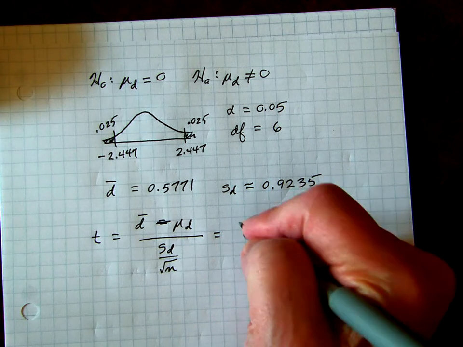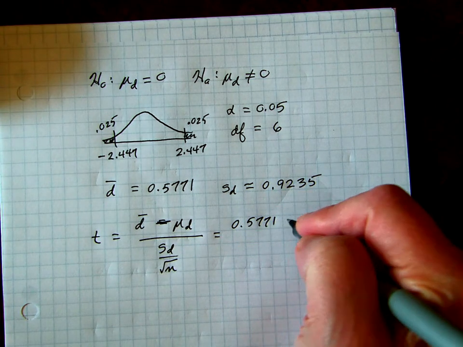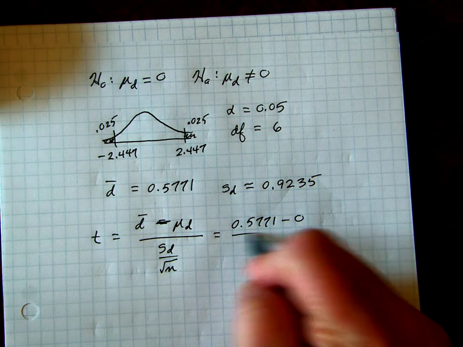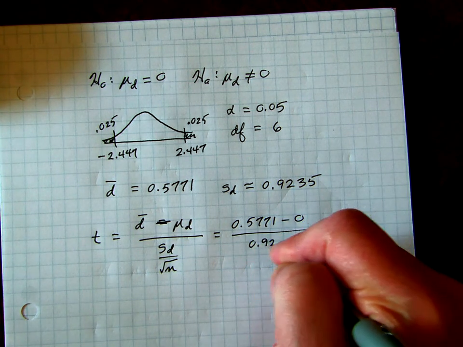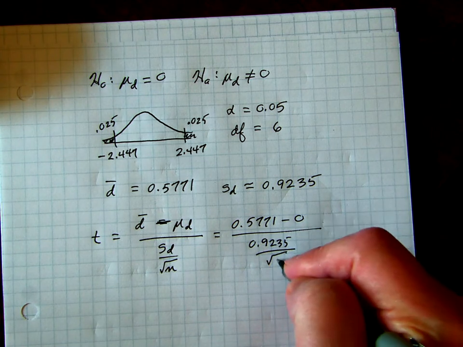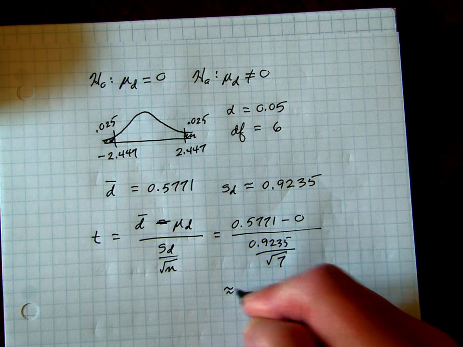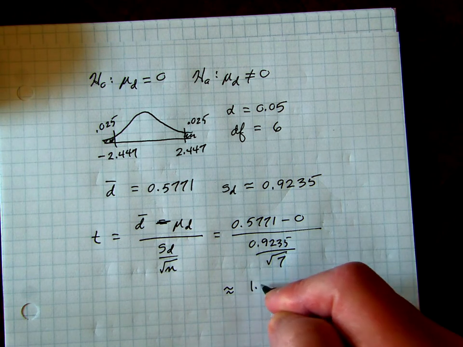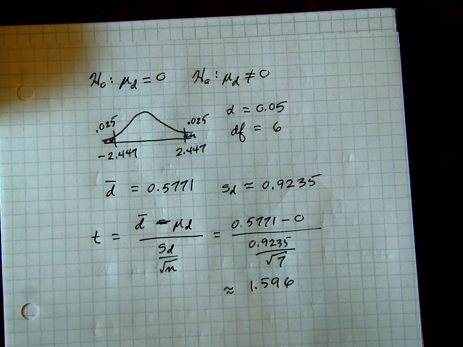When we put everything in here, 0.5771, again minus 0, over 0.9235 divided by the square root, this time of 7, it works out to 1.596.